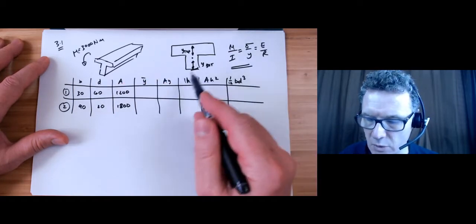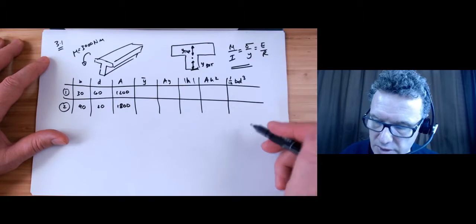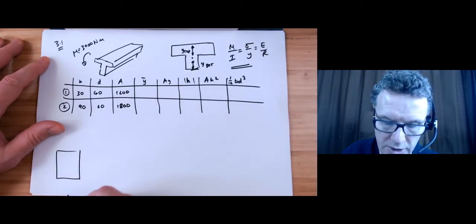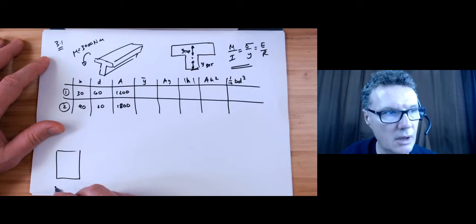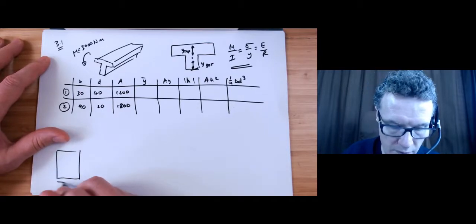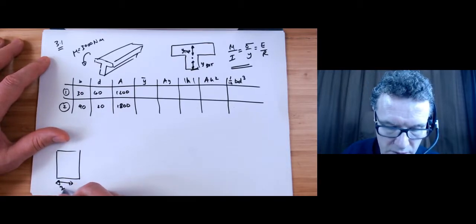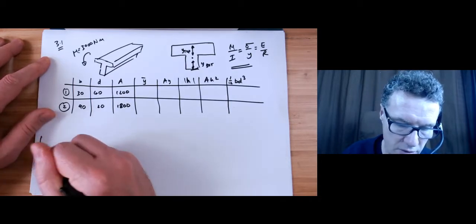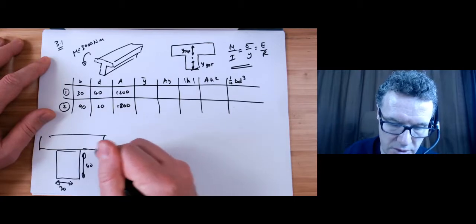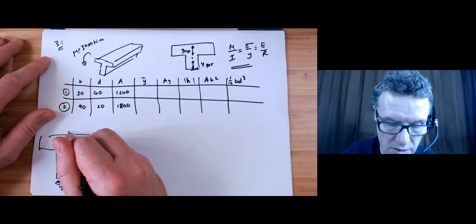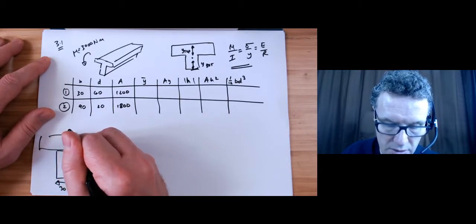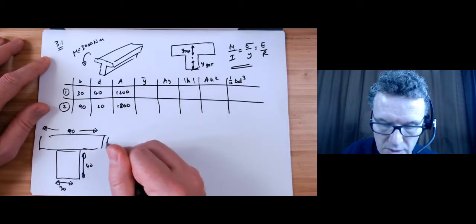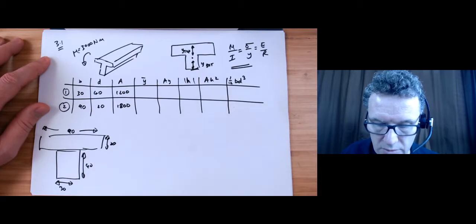The bottom one is, since let's draw this little geometry here, so bottom one is 30 and 40, and the top section is 90 across and 20 going down there.